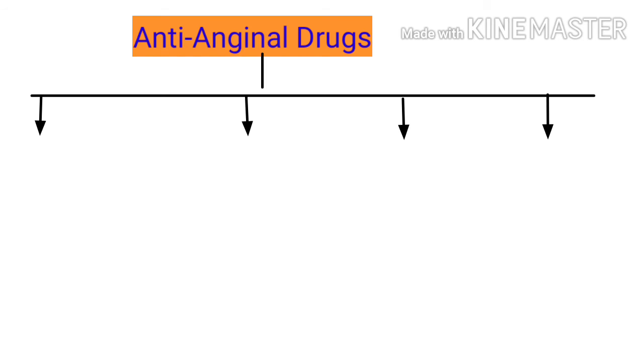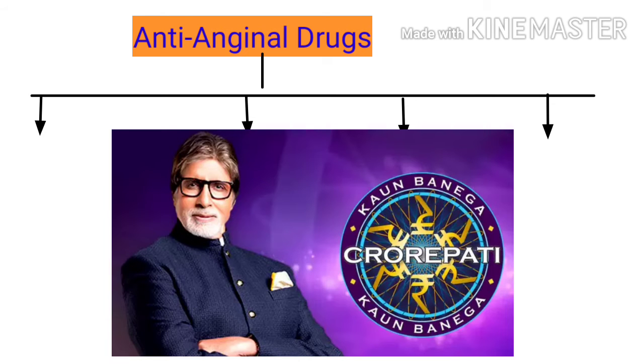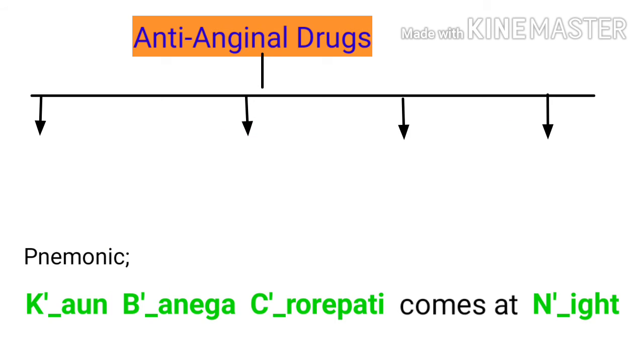The anti-anginal drugs are classified under 4 subclasses. An easy mnemonic for remembering all the 4 subclasses comes as follows. Many of us know a famous Hindi television program, right? That Kaun Banega Crorepati show. If you know that show, then you will also know the classification of anti-anginal drugs, because Kaun Banega Crorepati comes at night.